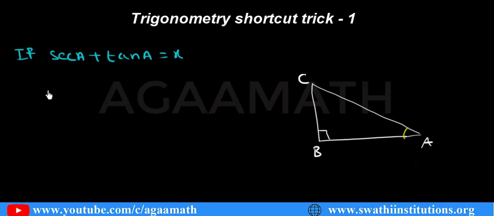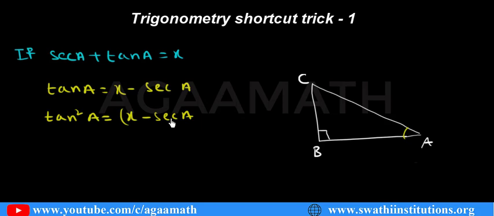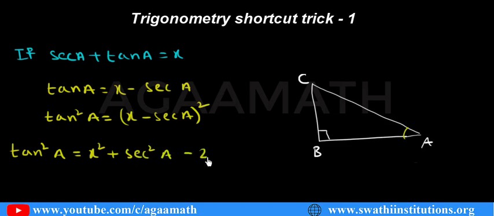Let us explain how we got it. What I do is tan A equals x minus secant A, transferring secant A to this side. Now squaring on both sides, it is tan square A equals x minus secant A whole square, right? If you simplify more, it is tan square A equals x square plus secant square A minus 2 into x into secant A, right?